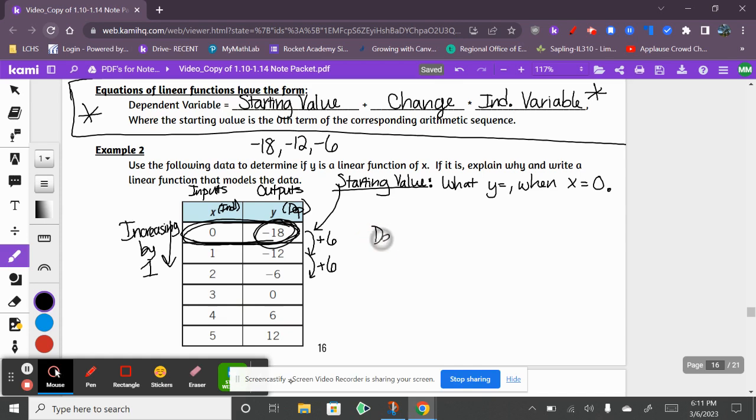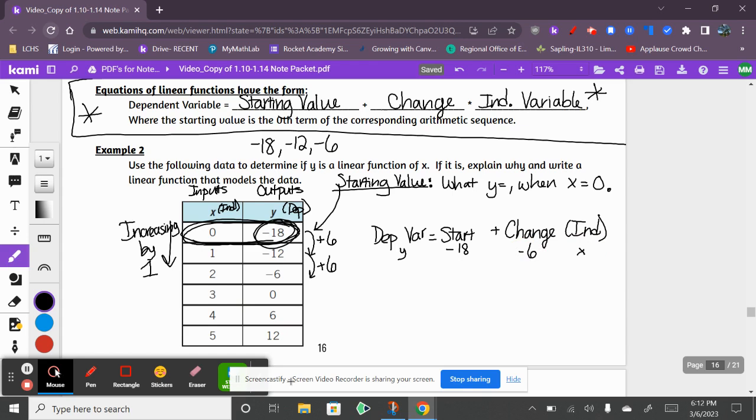All right, so we're going to write down our setup for what a linear function looks like. It's our dependent variable equals our start plus the change times the independent variable. Remember that your dependent variable was y, our starting value was negative 18, our change was negative 6, and our independent variable was x.